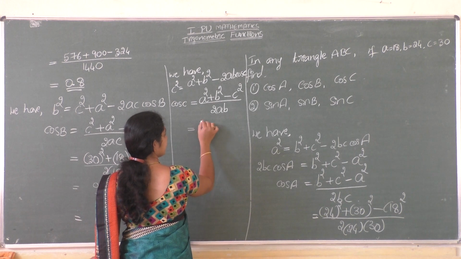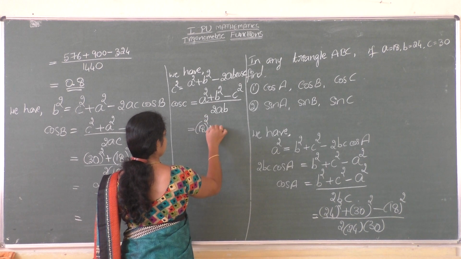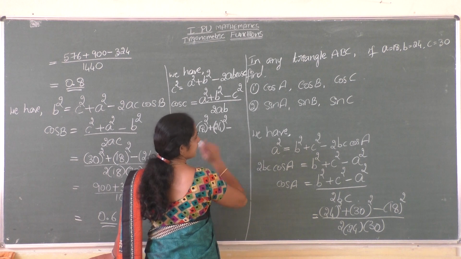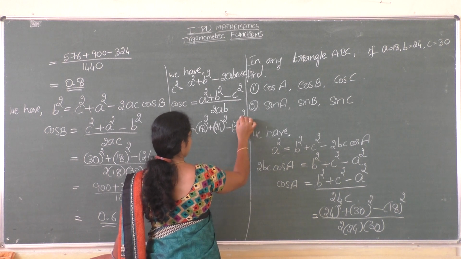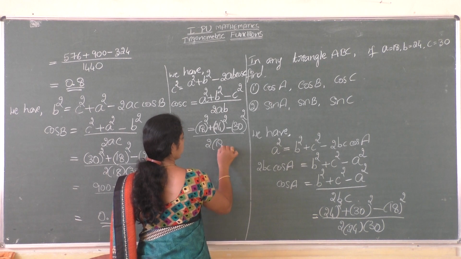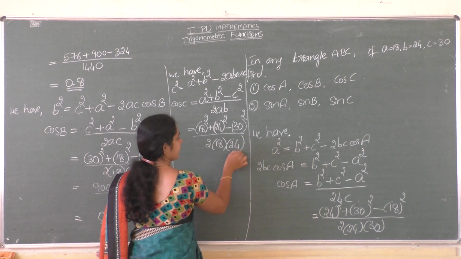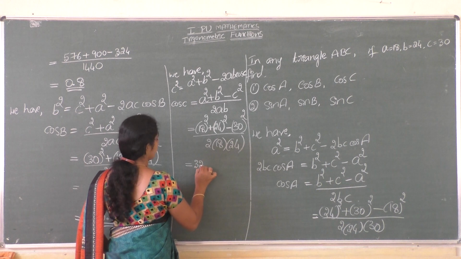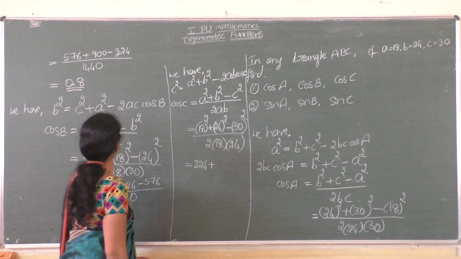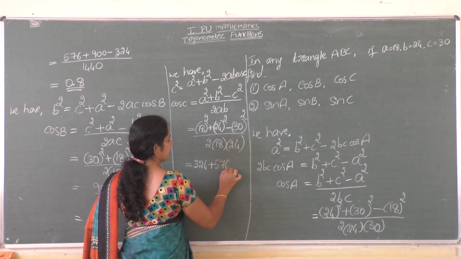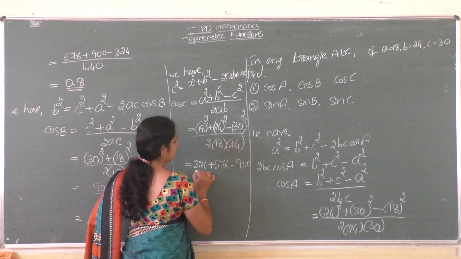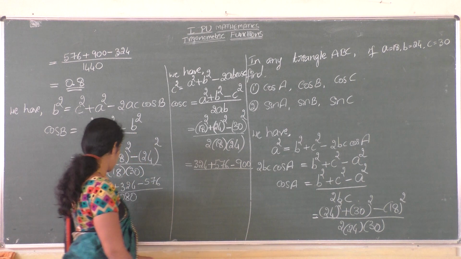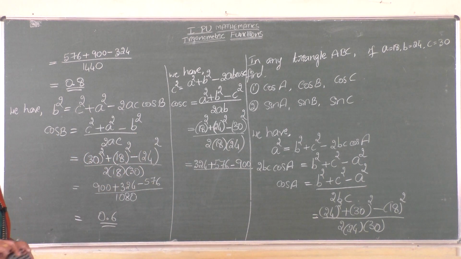Now apply the values. 18 square 324 plus 24 square 576 minus 30 square 900 divided by 2 into 18 into 24. What is the value?